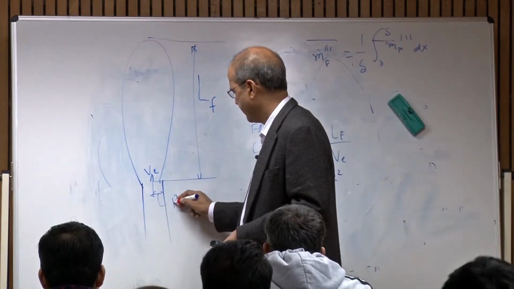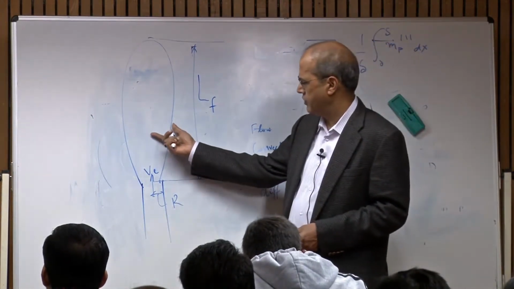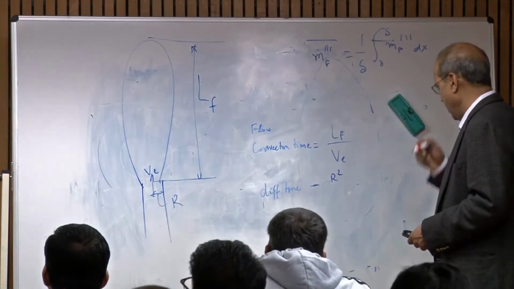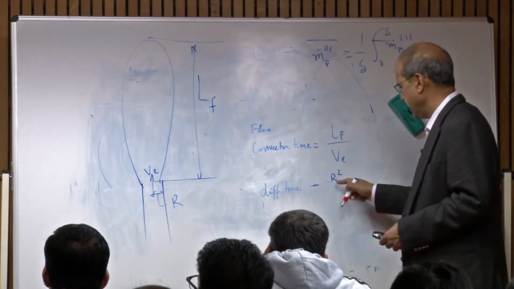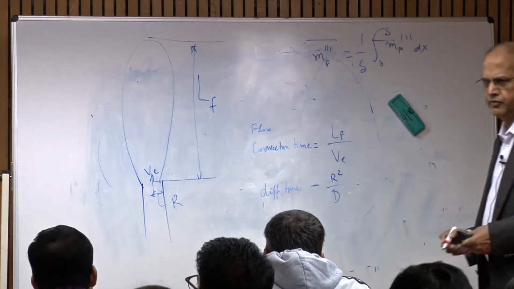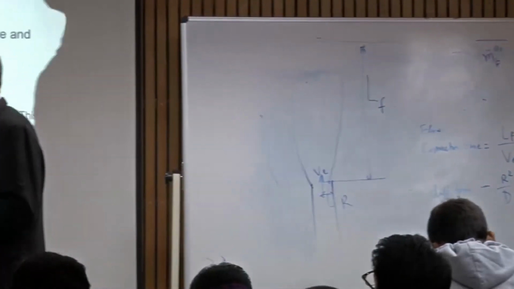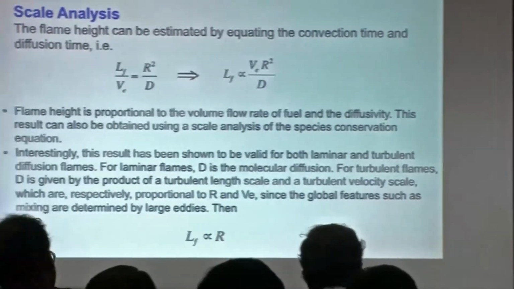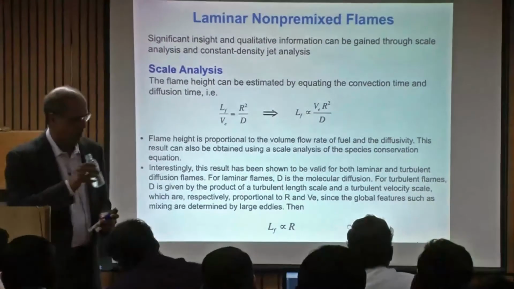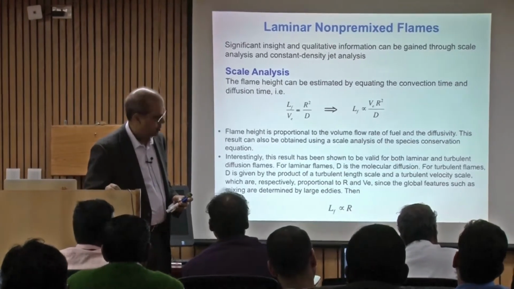So this is R. That means the radial extent of the flame is related to this jet radius. So that's our characteristic length in the radial direction, divided by mass diffusivity.